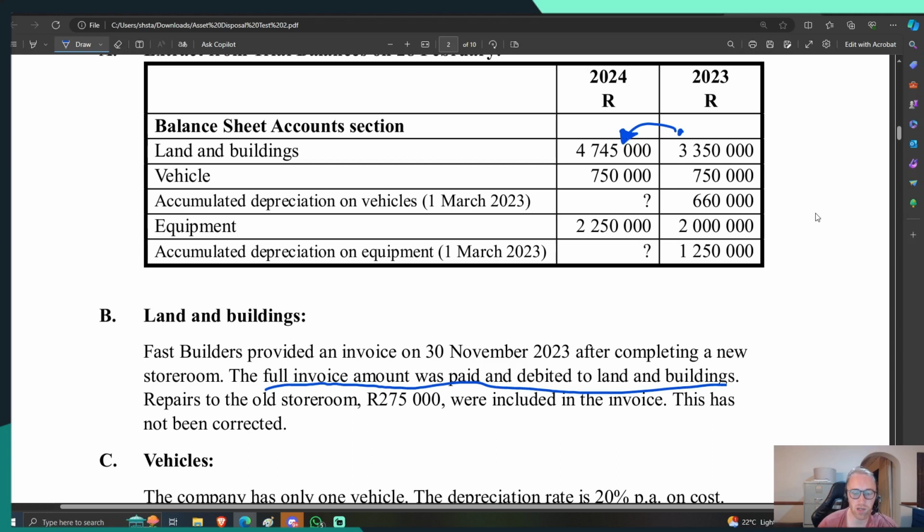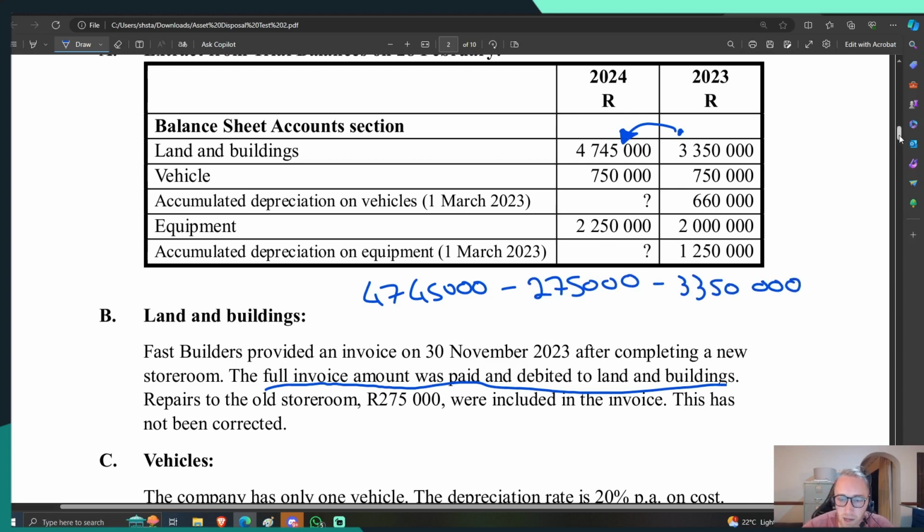So if we want to calculate how much we actually paid on the new storeroom, we would have to take the end of year amount, 4,745,000, minus the 275,000 that should not have been there because it's for repairs, and then minus what we started the year with, 3,350,000.